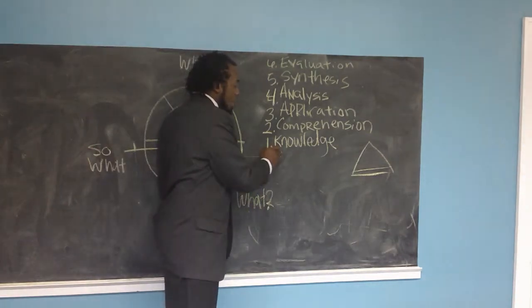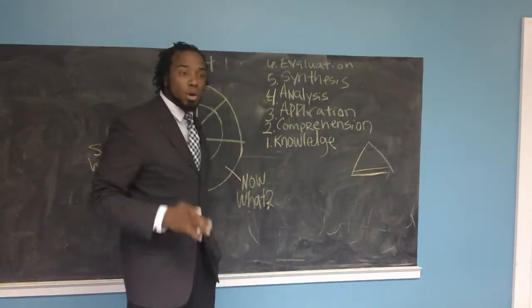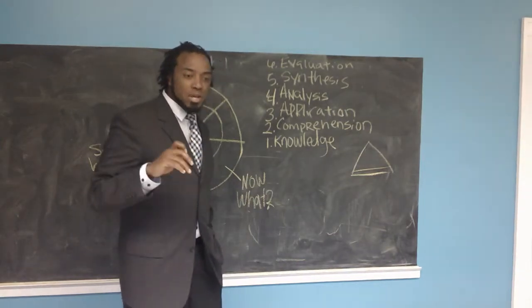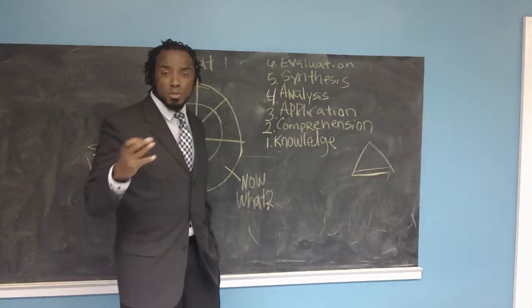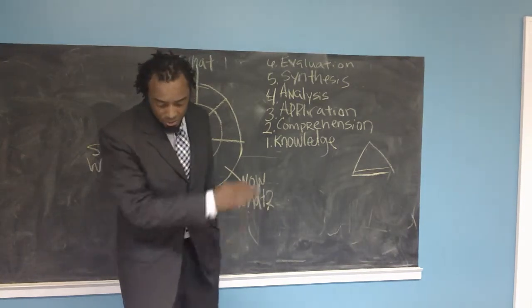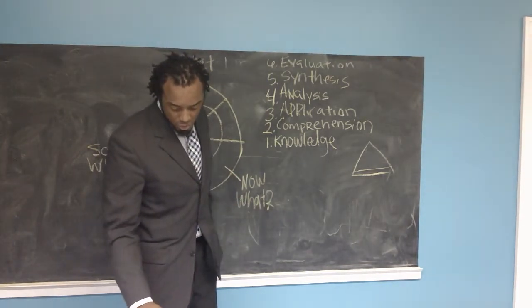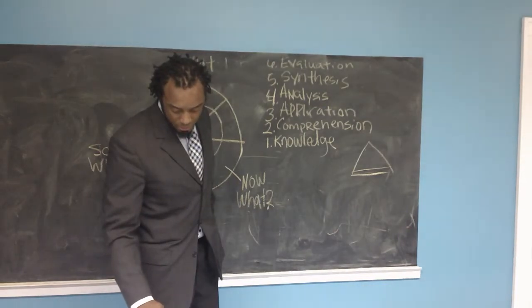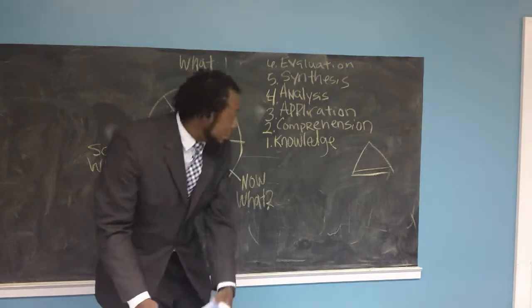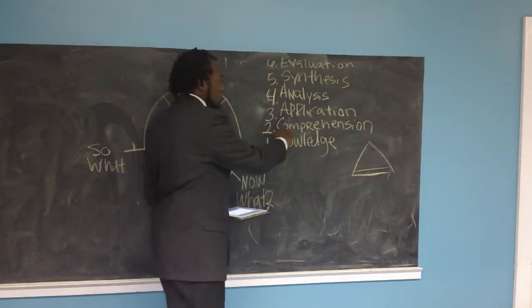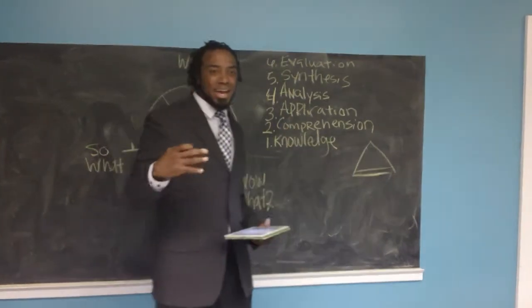So when he talks about knowledge, he's talking about the basics that a person will need to be able to recite back to me as a teacher. What am I looking for as a teacher? The next part is comparison. How can I contrast?